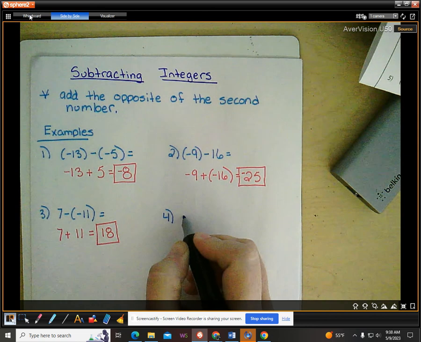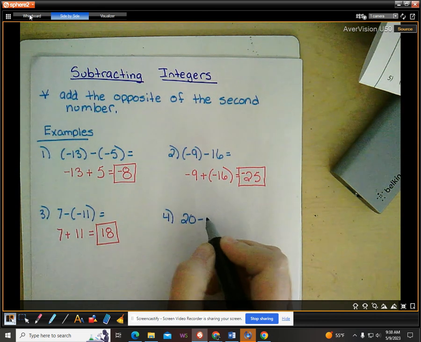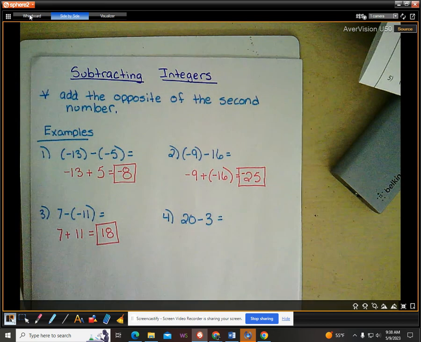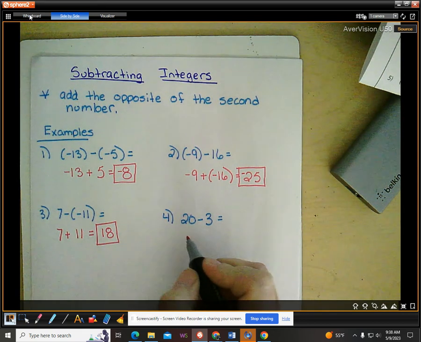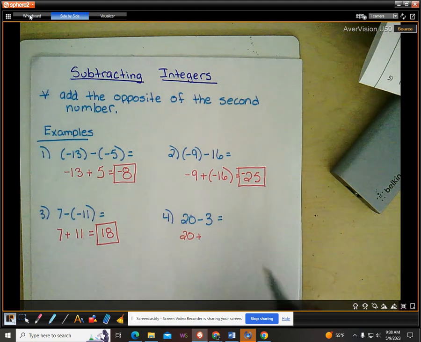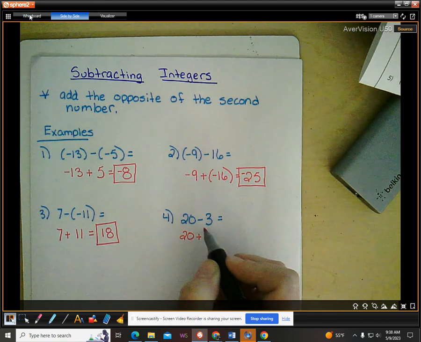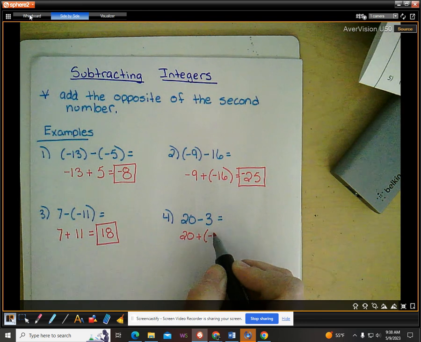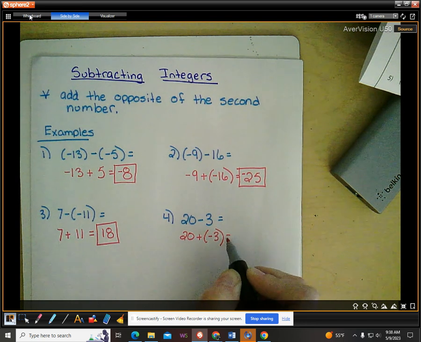Last example, 20 minus 3. Okay, so again, keep the first number, change subtraction to addition, add the opposite of the second number. So positive 3 now becomes a negative 3.